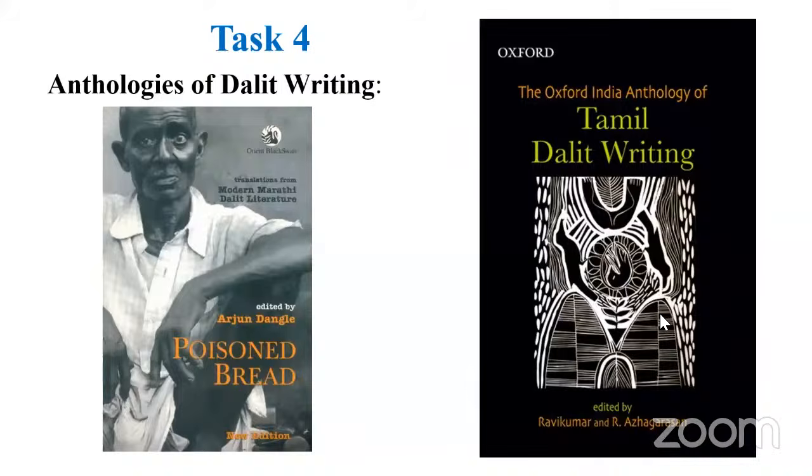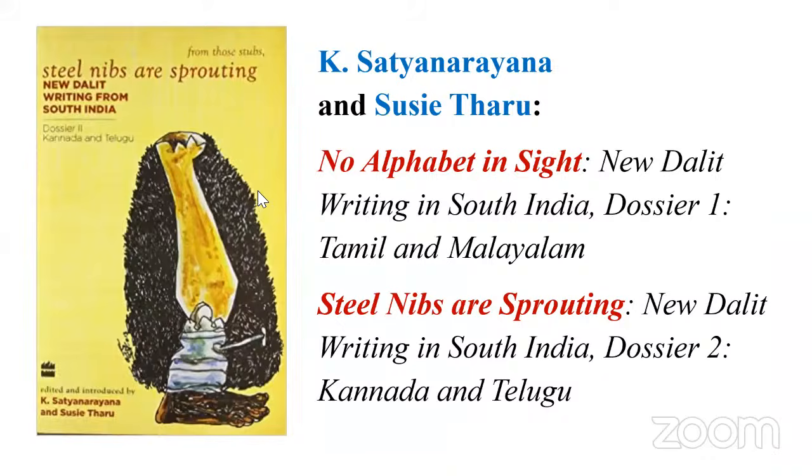Then there are also anthologies for Telugu, Malayalam, and Kannada Dalit writing by Oxford. Then parallelly we have other anthologies: No Alphabet in Sight, New Dalit Writing from South India, Dossier 1, Tamil and Malayalam, by K. Satyanarayana and Susie Tharu. Then Steel Nibs Are Sprouting, New Dalit Writing from South India, Dossier 2, Kannada and Telugu.